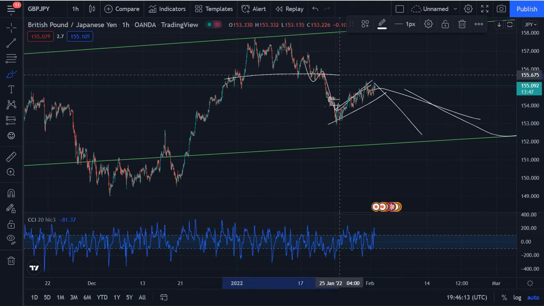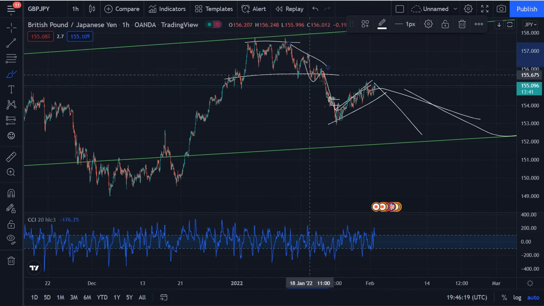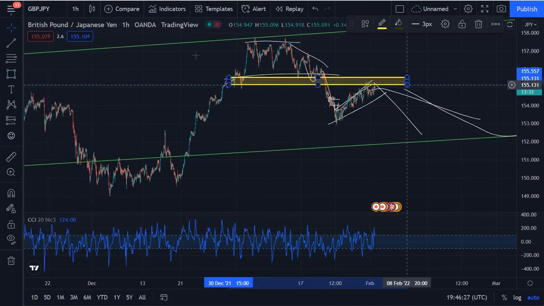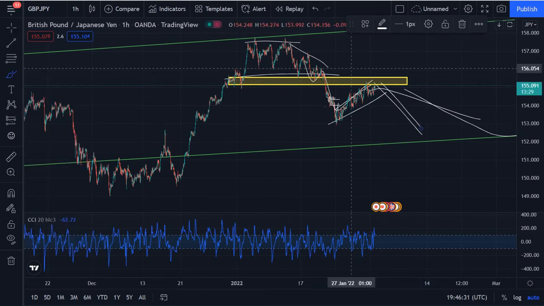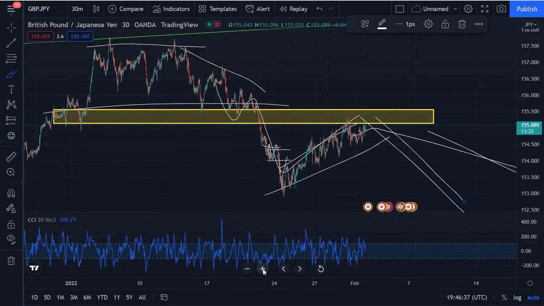So here broke this structure, here double top, lower lows, lower highs, lower lows. Now going for the bearish flag pretty much here at this resistance zone, so pretty much a shorting opportunity for you here.